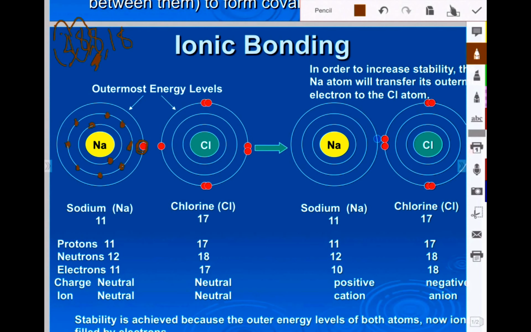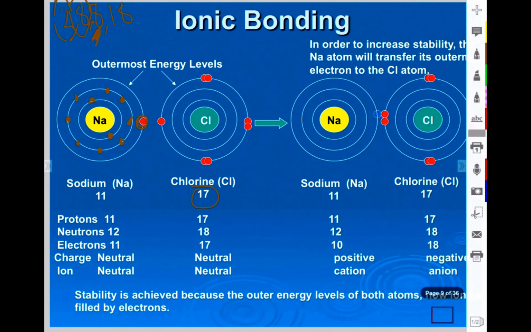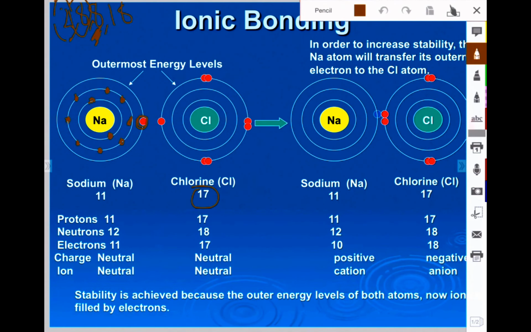Now, let's consider the case of chlorine. Now, chlorine is just 1 away from the end of the periodic table. It's just about to the end of the finish line. Now, when you look at chlorine's atomic number, it's 17. So what that means is, and we'll draw on the electrons, chlorine had filled up 2 there, and it had filled all 8, 2, 3, 4, 5, 6, 7, and 8. 2 and 8, that's 10, and it still has 7 more to go.